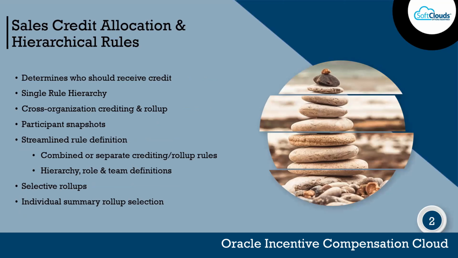Second, we can look at the credit allocations. And what this means is sometimes when there are transactions, there can be numerous people involved, and they might get different or in some cases no compensation for a transaction that takes place.